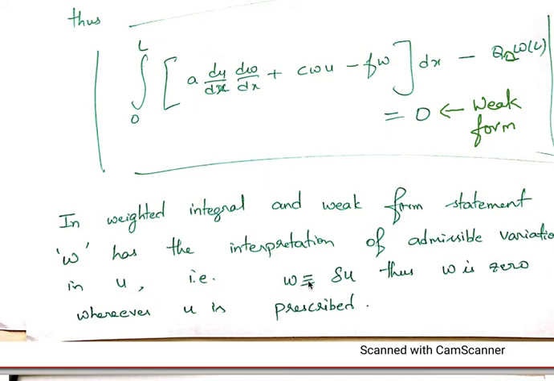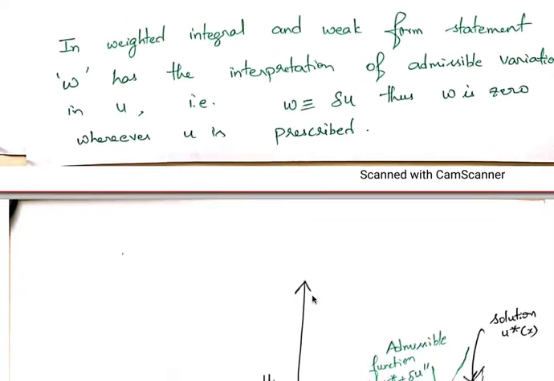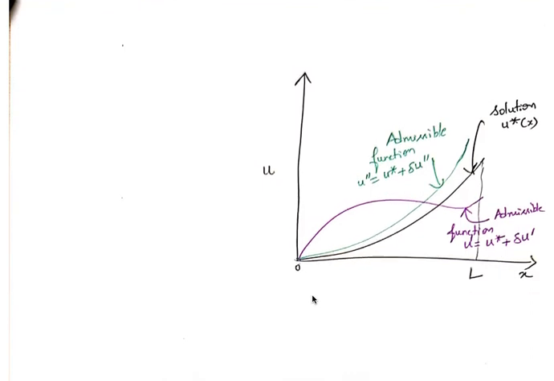So w is defined as variation in u. So if we do this, then we can show that w will be 0 wherever u is prescribed. Now, are you familiar with what is variation of a function?